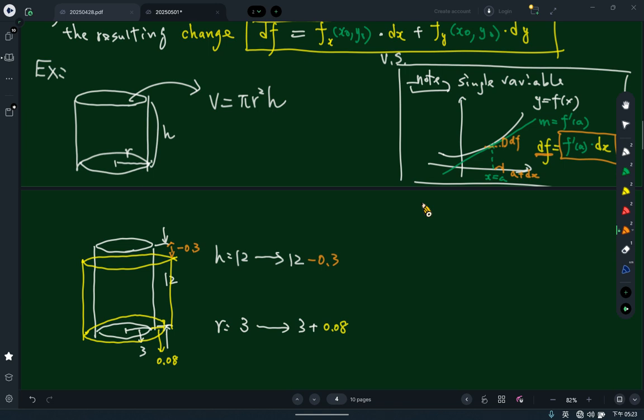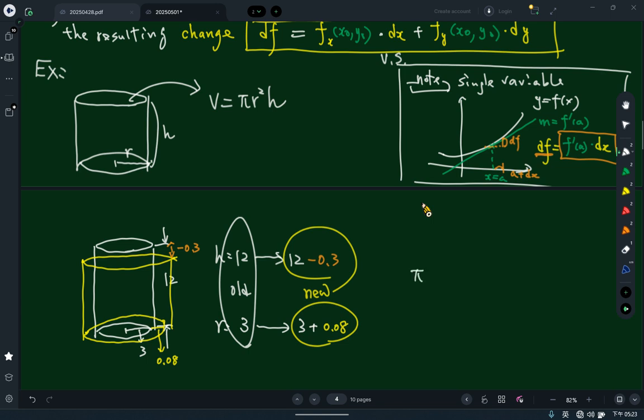So of course, you can calculate the change this way. This is a new can, this is the old one.